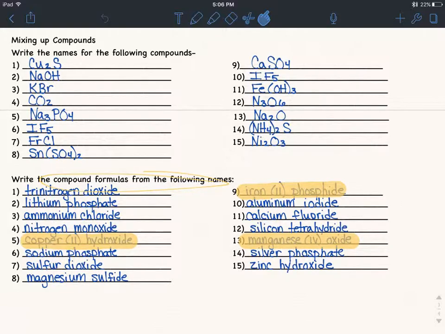Up on top, it's a little bit trickier because you have to reference the periodic table. Generally, if it's a transition metal, it's usually type 2, but that's not always the case. In class, we talked about transition metals like zinc that always has a +2 charge, cadmium is always +2, silver is always +1. So we're always going to say that that's type 1 because there'll never be something else.